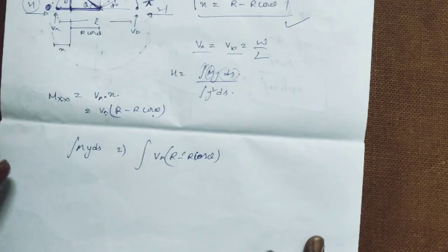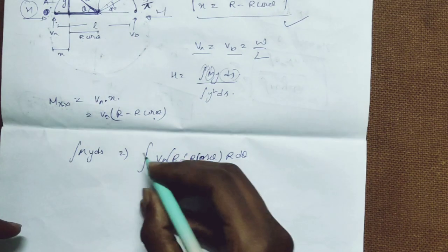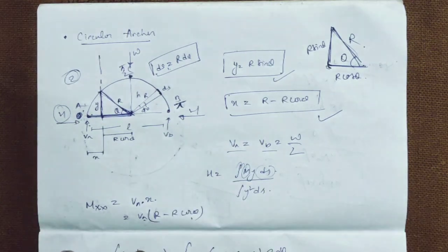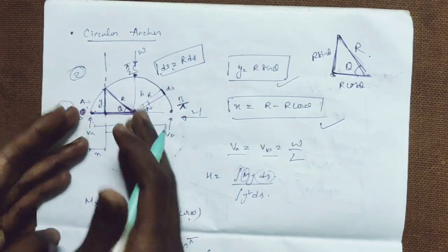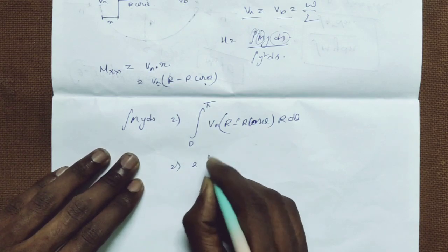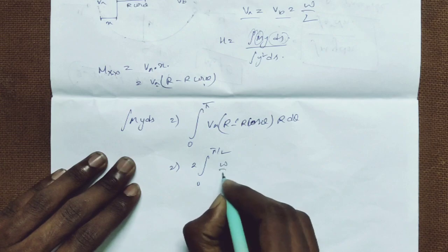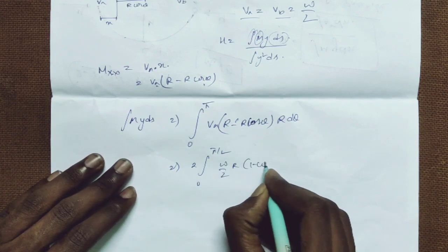So we have to integrate this arch from 0 to pi. As it is symmetric, this will be equal to 2 times the integral from 0 to pi by 2. W by 2, right? So we'll take common r, 1 minus cos theta.